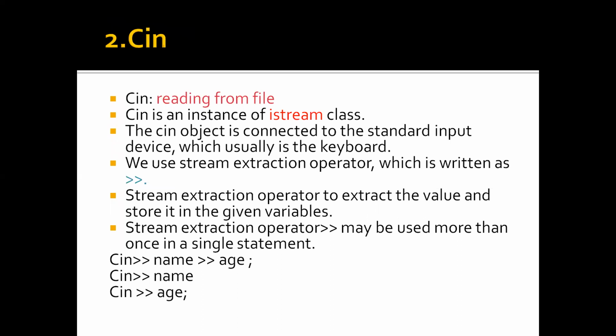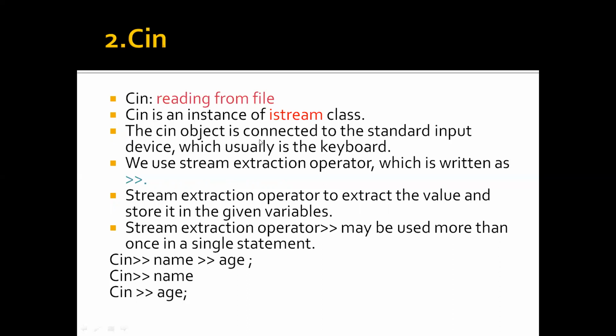Cin is nothing but reading from a file, whereas cout is writing to a file. Cin is reading from a file. Whatever variables we are giving for a particular program need to be read by cin. Cin is an instance of the istream class, which is the input class.